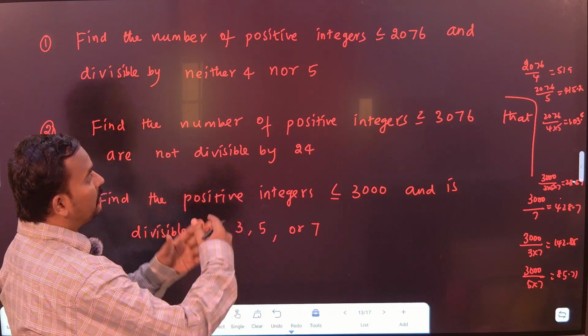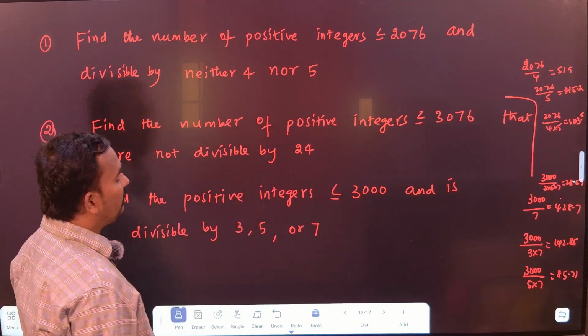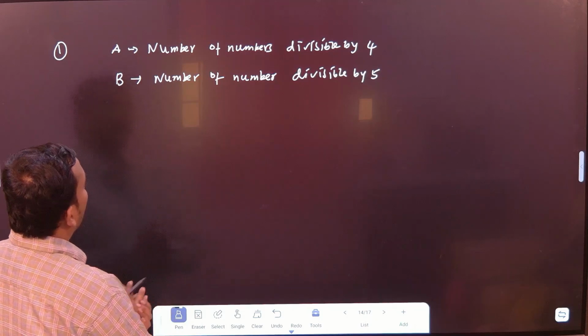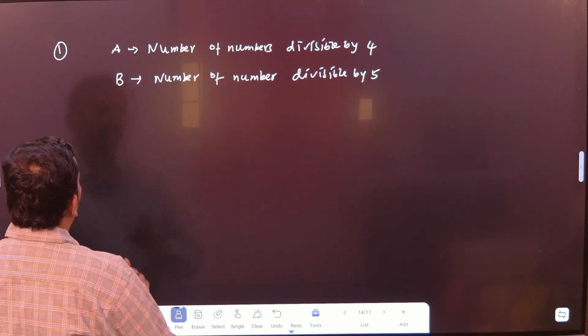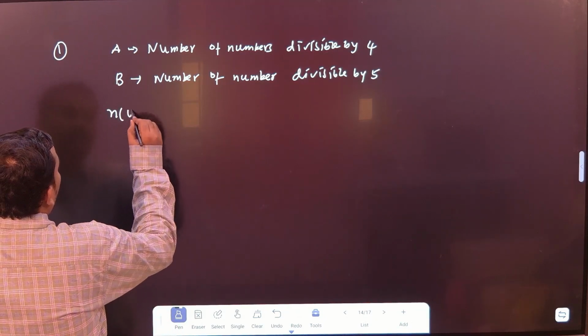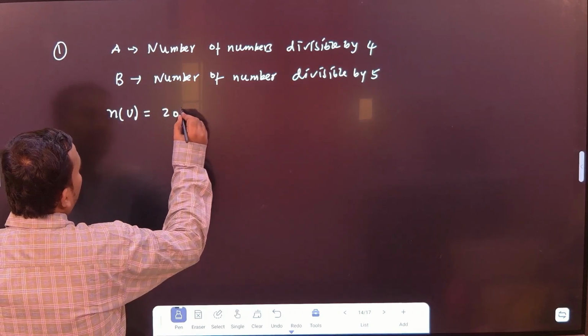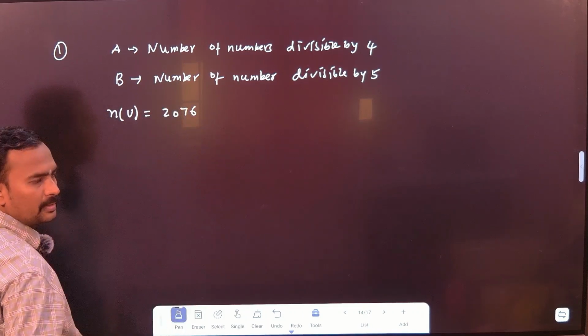The maximum you have to take is 2076. So here, universal set. What is U here? The maximum possibility 2076, right?